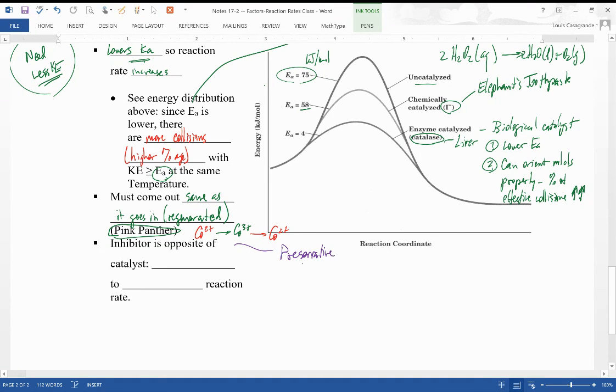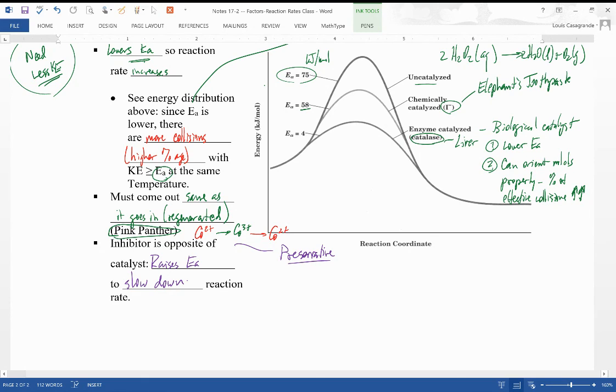Whenever you read a food label and you see something is added as a preservative, that's chemically called an inhibitor. It blocks the original reaction from happening and makes that activation energy go higher, and that slows down the reaction rate.